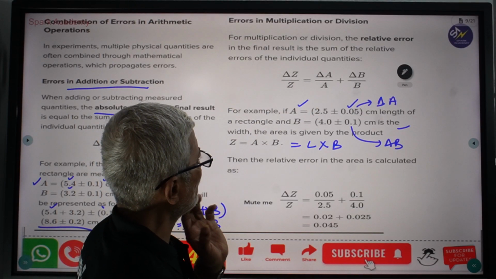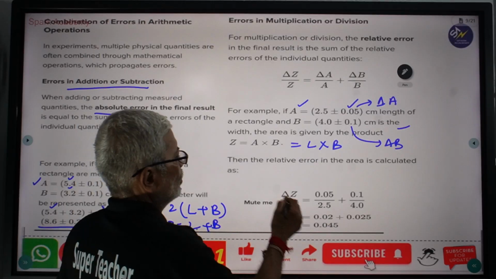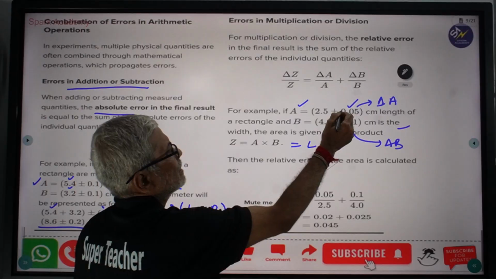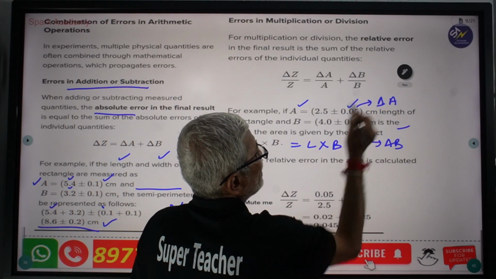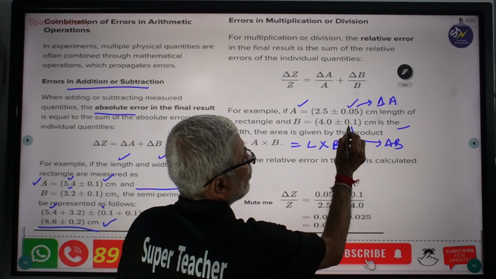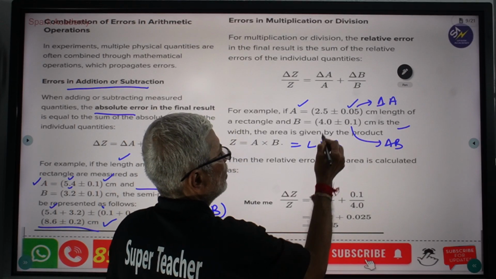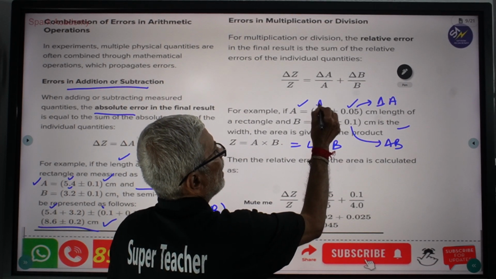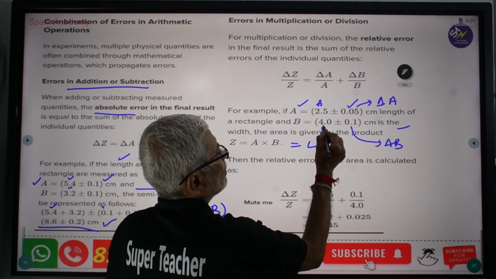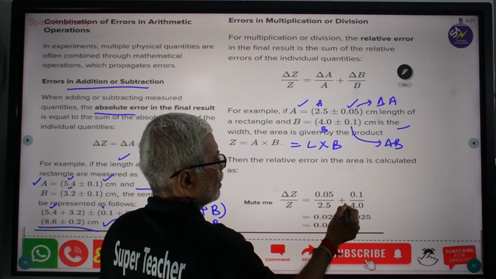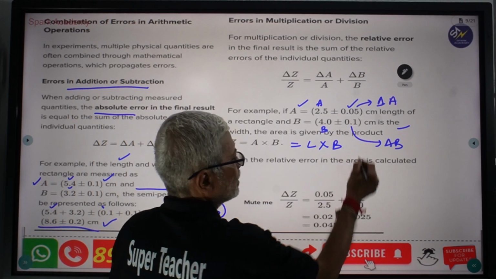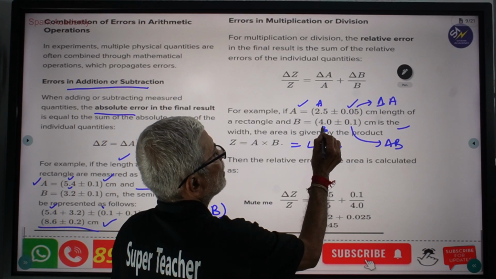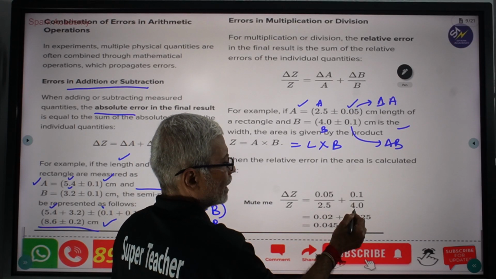So now this is how you find out. What you need to do is substitute. Del Z by Z is equal to del A by A. 0.05 is your del A and 0.1 is your del B. So del A by A is 0.05 by 2.5, this is your A, and this is your B, the absolute value, so plus error in this, 0.1 divided by 4. 4 is the breadth of the rectangle.